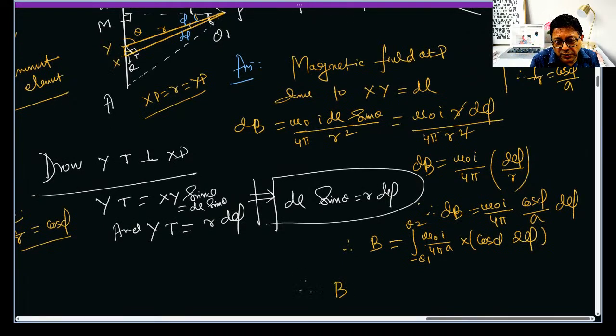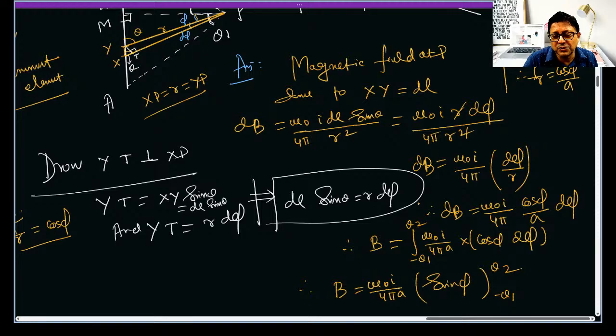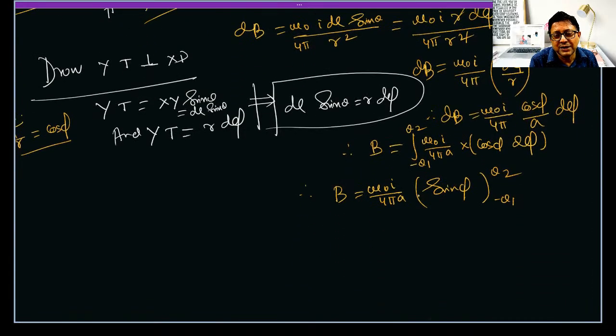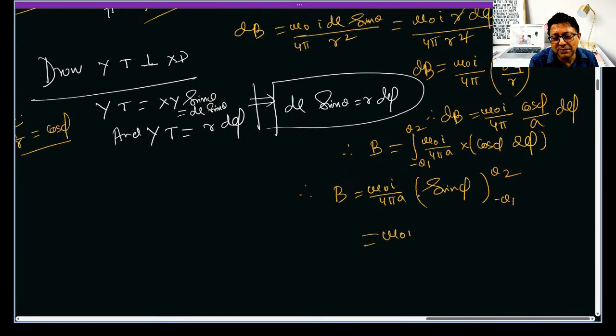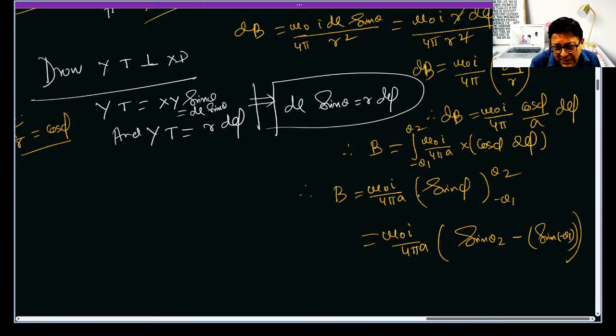So B will be equal to mu 0 I by 4 pi a, the integration of cos phi is sin phi, from minus theta 1 to theta 2. This will be mu 0 I by 4 pi a, sin theta 2 minus sin of minus theta 1.